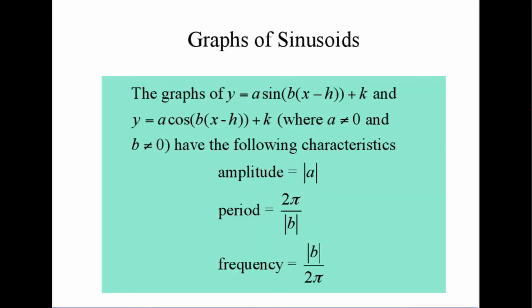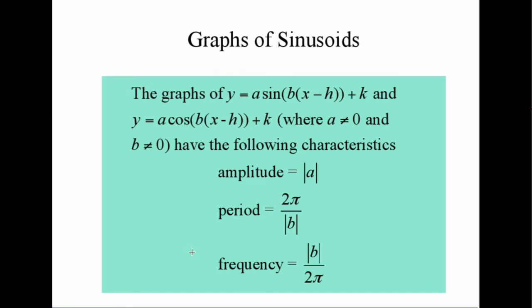Okay, so to summarize this a little bit, the graphs of y equals a sine b times the quantity x minus h, all that plus k, and the cosine of the same thing, where a is not equal to 0 and b cannot equal 0, have the following characteristics. We talked about an amplitude, where amplitude is the absolute value of a. We talked about the period, where the formula for figuring out the period is 2 pi over the absolute value of b.